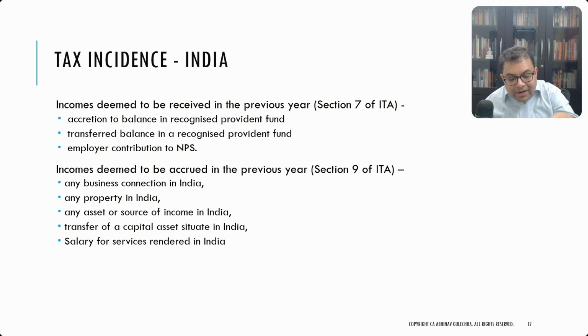If you render any services in India, those services that you render may be for a US employer. For example, you are a resident and ordinary resident, and you are doing some work for a US employer, and the US employer is paying you. You are based in India and performing your services in India. It will be taxable. India will have the right to tax it. Even the DTAA has the same provision.